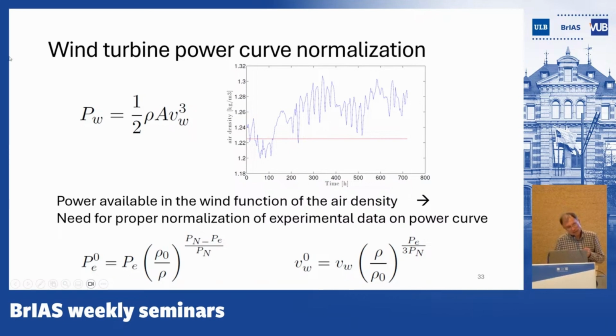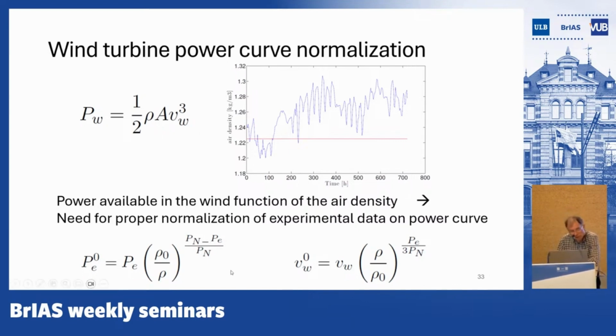Well, the power available in the wind for a given wind speed also depends on the air density rho, and A here is the area swept by the blades. So we have to normalize our power curve by rho properly, in such a way that we can compare the power produced on different days where the density is different.